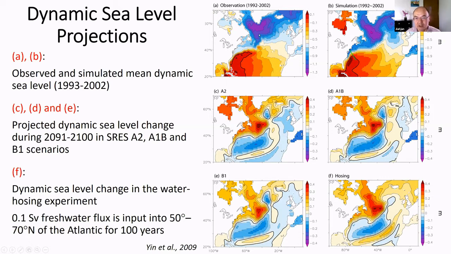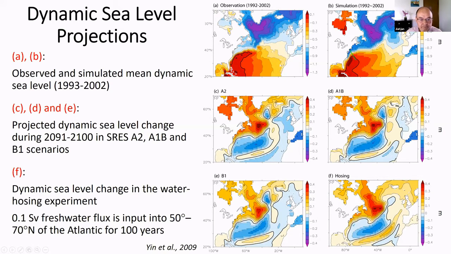For example, the low dynamic sea level in the subpolar gyre region actually extends southward in the model simulation. And the dynamic sea level gradient across the Gulf Stream in the model is not as sharp as in the observation. So this is the mean sea level.